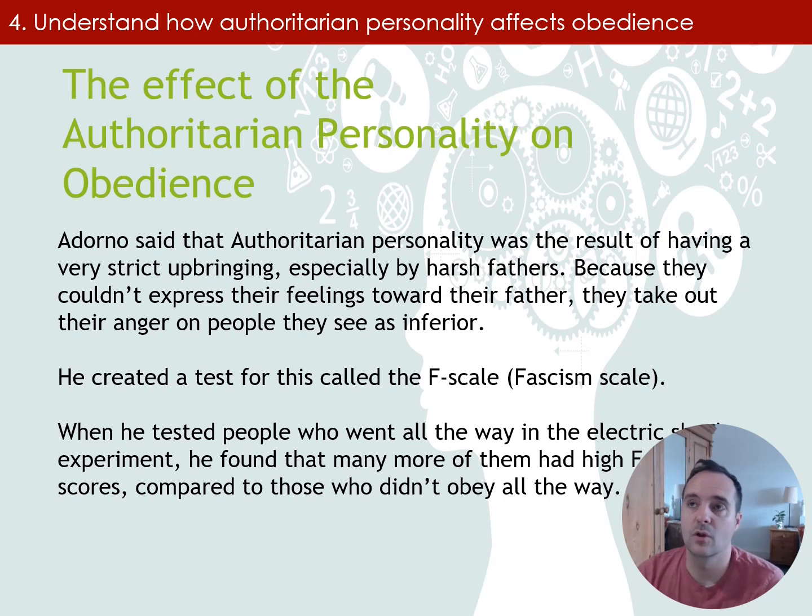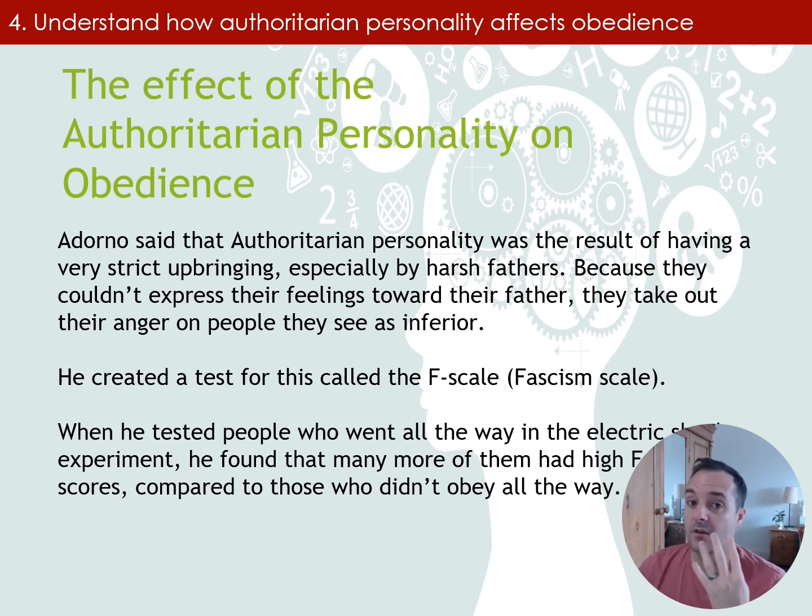So although Milgram looked at the authority figure as being the situation, Adorno did the other half of that and showed that, well, yeah, the authority figure makes a difference, but authority figures only really work on somebody who's got a bit of an authoritarian personality, or they certainly work best on those kinds of people. Again, that one doesn't have a neuropsychological link. That is just a purely kind of from the nurture side.